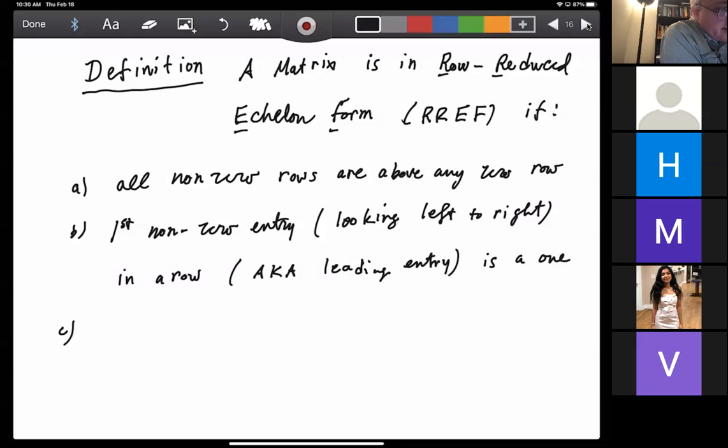And C: every other entry in a column with a leading 1 is a 0.